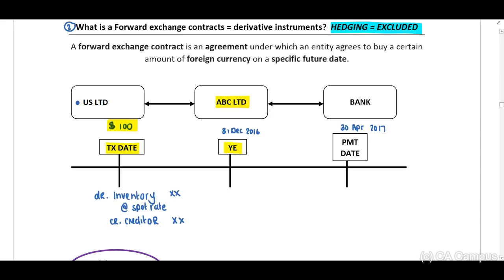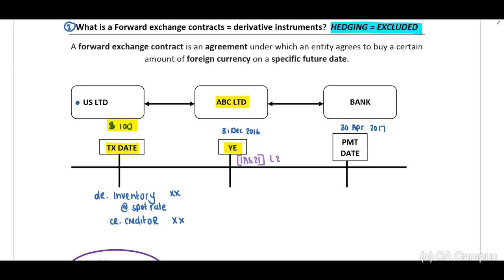At year end, in terms of IAS 21. Now I know that this is for our level 2 students. Our level 1 students do not need to know IAS 21 and previously did not need to know hedging. Now guys, when you register as a CA, I want you to know what is an FEC at least. Therefore, please focus and ensure that you understand my basic example.